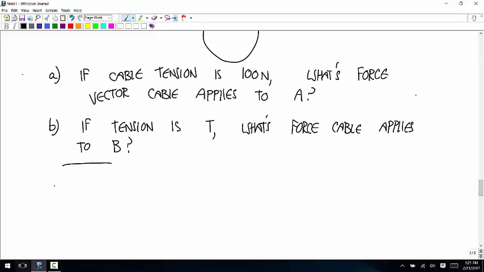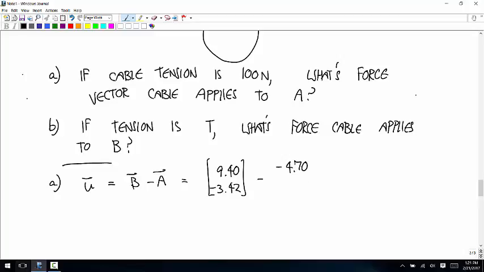And so a vector in the direction that we want is B minus A. So that's 9.40, negative 3.42, minus negative 4.70, positive 1.71.